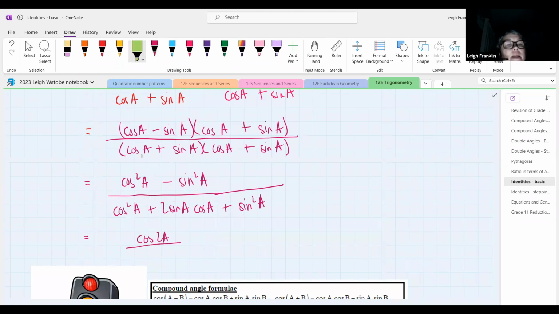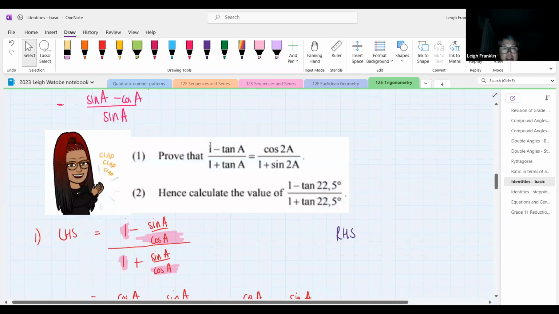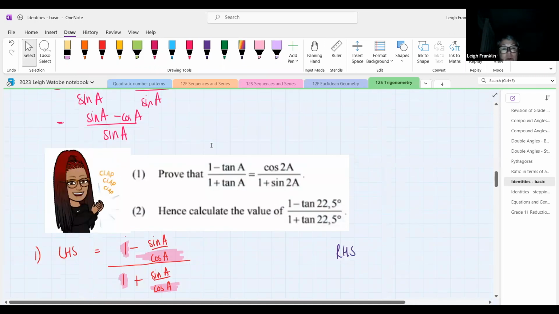Using our square identity, cos squared a plus sine squared a gives us 1. And we know that 2 sine a cos a is sine 2a. And now you can see that the left-hand side does indeed equal the right-hand side.